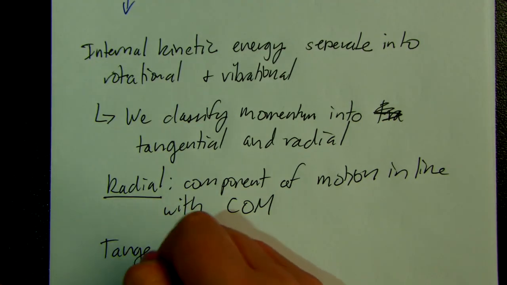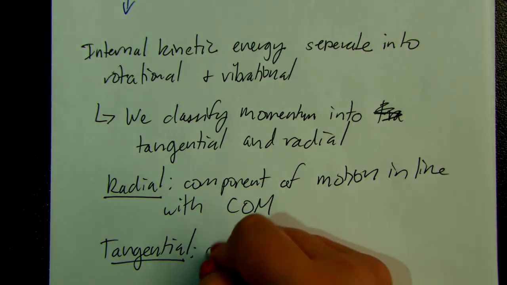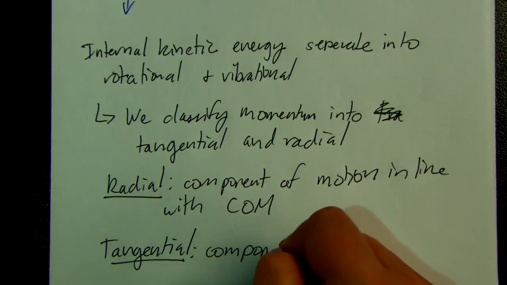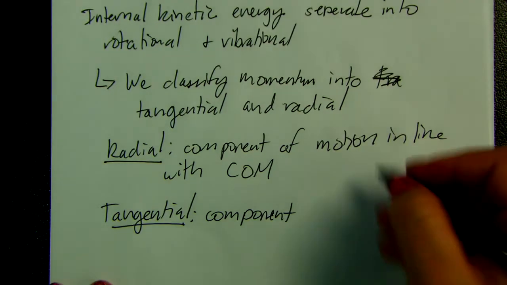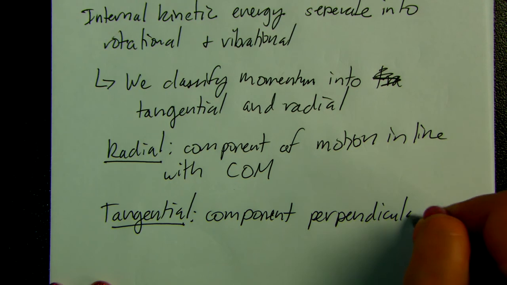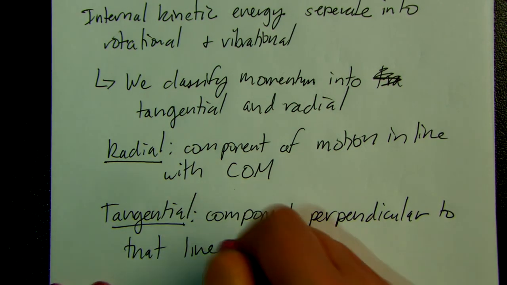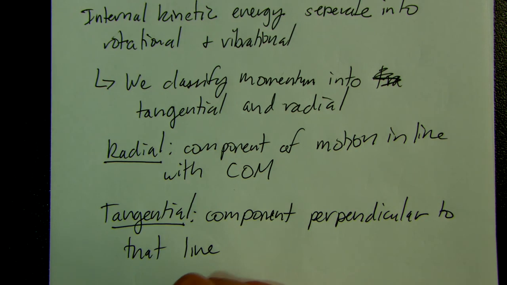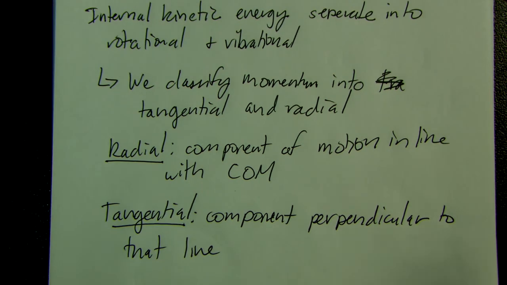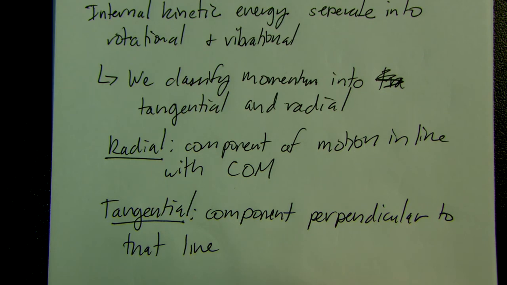Tangential is the component perpendicular to that line. So for our molecule, this would be radial.